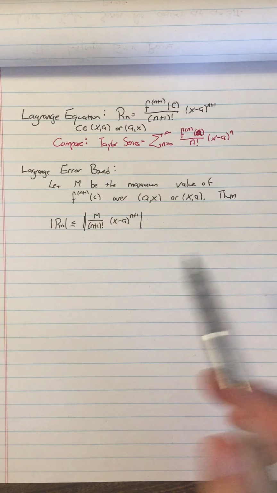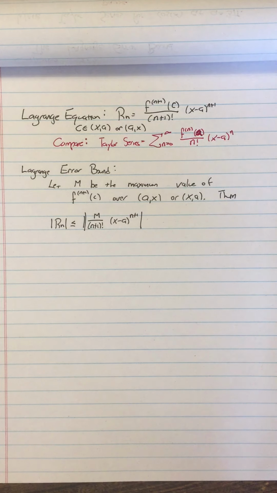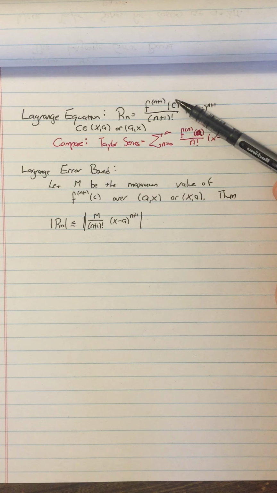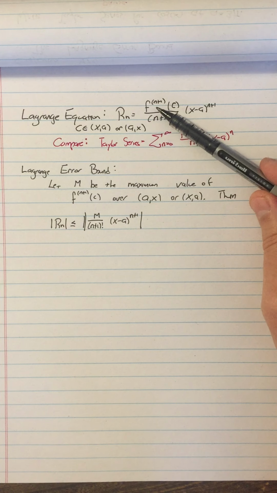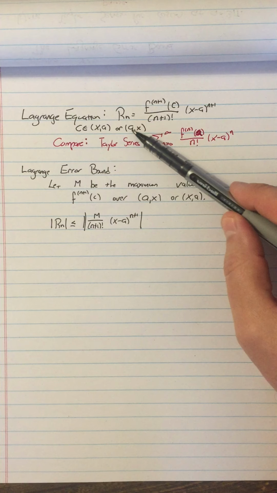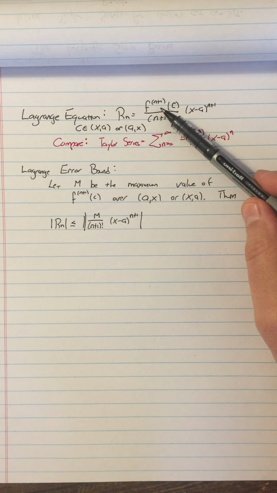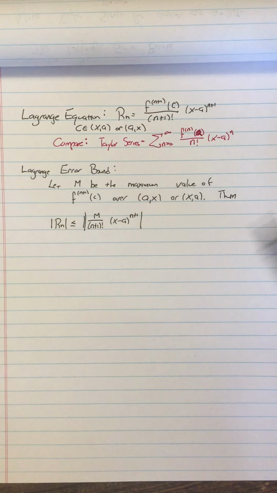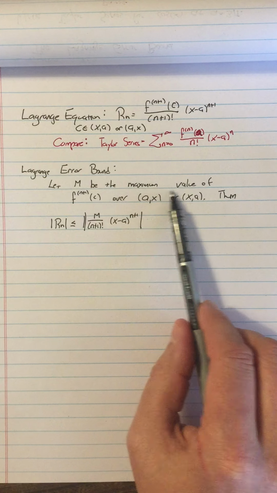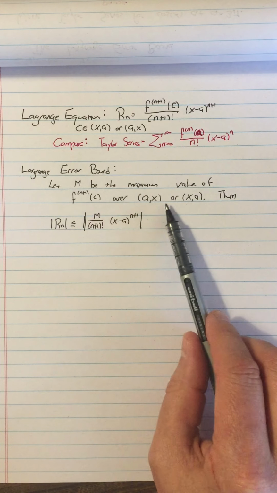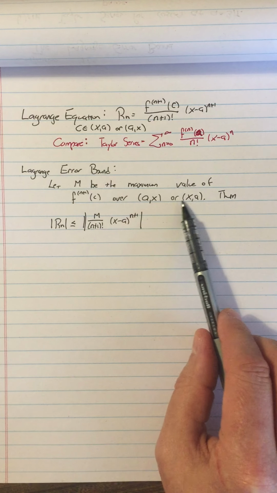Now, from that we get an error bound. The idea with the Lagrange error is, I don't know what the c is, but I probably know something about the n plus first derivative of f and how it behaves over x and a, and I might be able to know what is the largest this could possibly be. So let M be the maximum value of the n plus first derivative over one of those two intervals, over ax or xa.